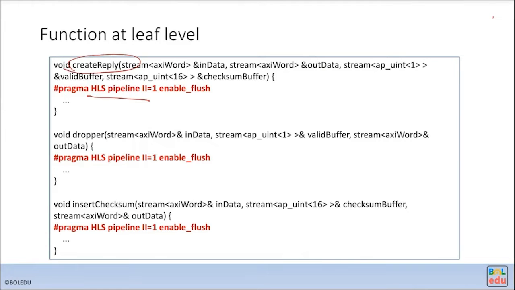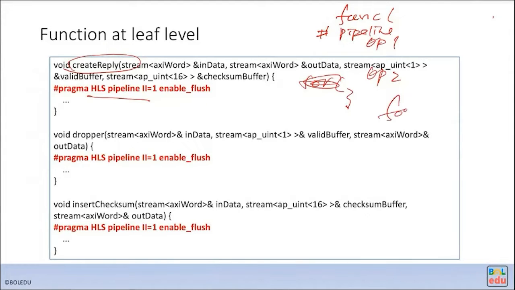If the function has no for loop, just operation one, operation two, then no problem, you specify pipeline here. If this function has a for loop, then you have to specify pipeline at the for loop.